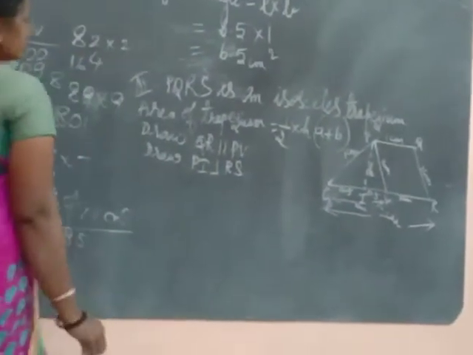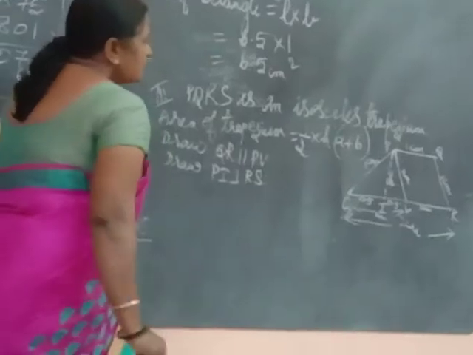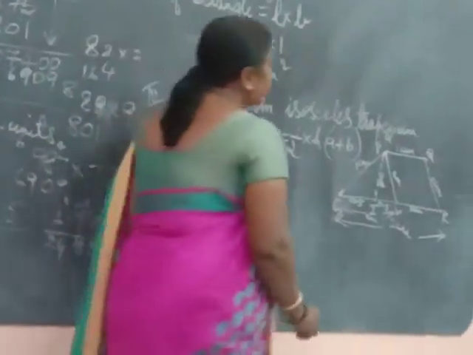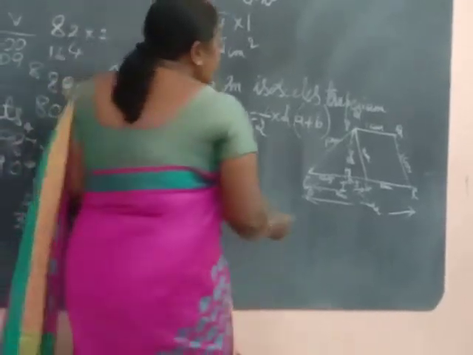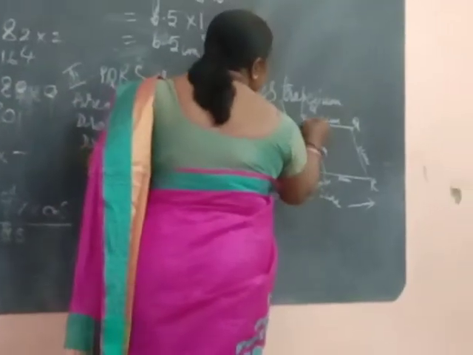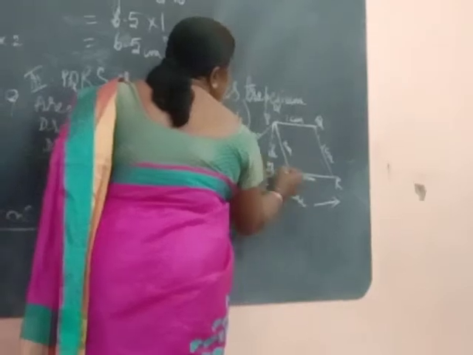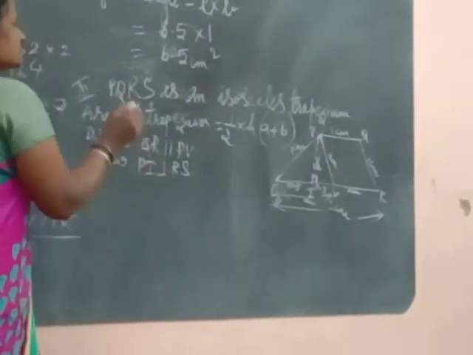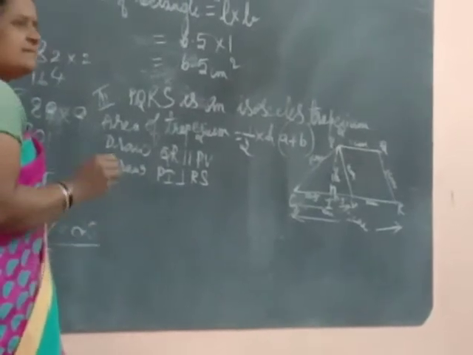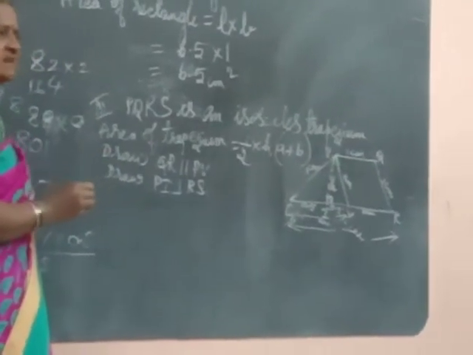Okay. Now we got this one, so the height we have to find out. How to find out the height? This is a perpendicular line. Yes or no? In a triangle, let us take PIV. What type of triangle is this? Right angle triangle. Since it is a right angle triangle, we can apply Pythagoras theorem.